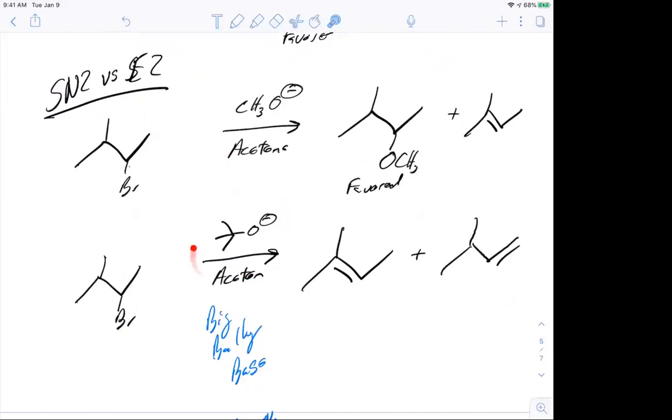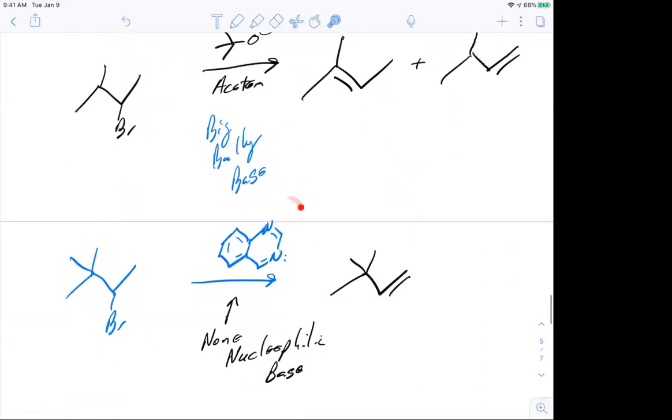If we have a big bulky base, we're going to get mostly elimination with almost no, or just a trace amount, 1 or 2%, of the substitution. We can also use specialty bases. They're non-nucleophilic bases that are going to pull the proton and give us the elimination. So in E2 and SN2, by controlling our nucleophile slash base, we can determine what our yield is going to be.